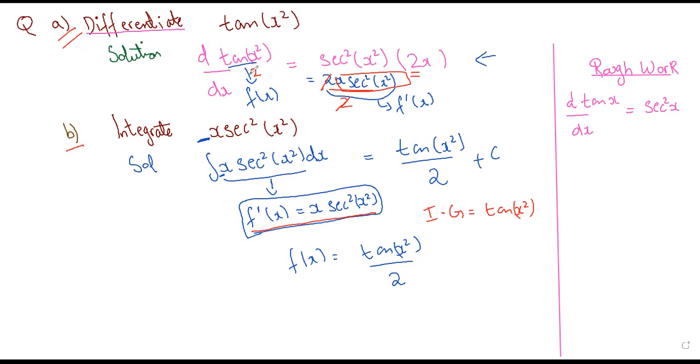And then if you differentiate tan x square by 2, you would get x secant square x square. And this is what you had in your question. This is what your integrand was. This is what you considered as derivative in order to do it by recognizing integrals. Do you understand it? Yes.